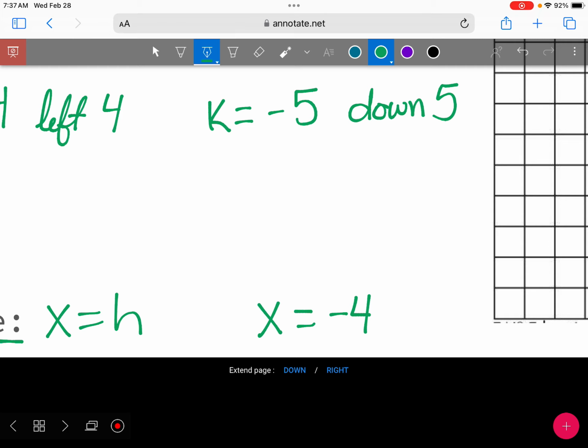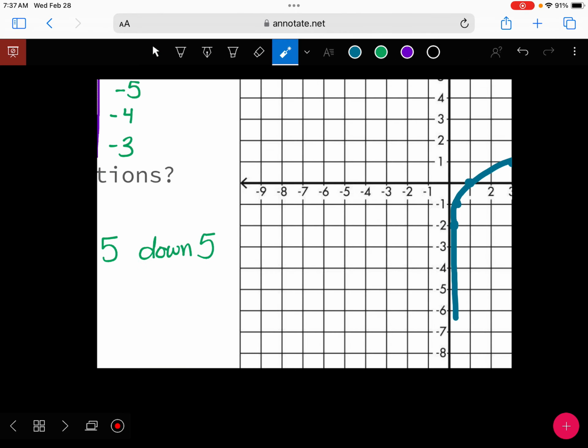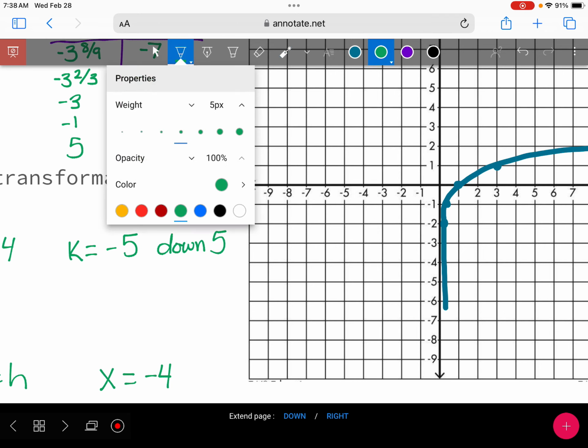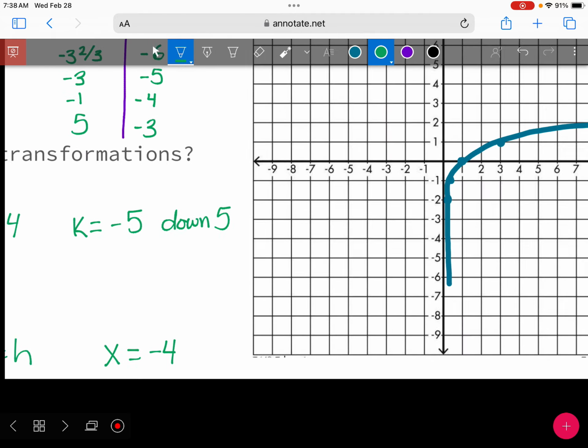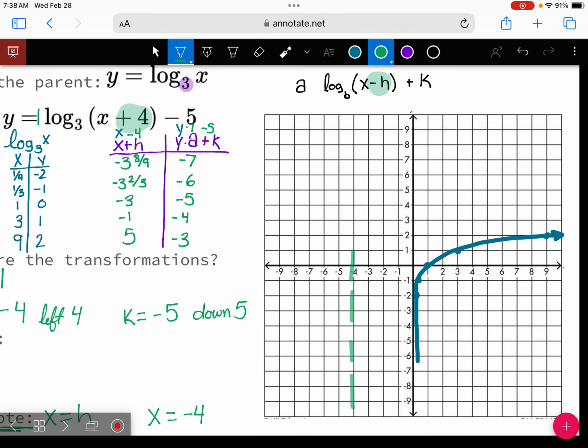My x plus h, I need to add that h into my parent table asymptote. So my asymptote is not going to be over here anymore. It's going to be way over here. So that's the next piece I'm going to draw. So my asymptote for a transformed function is way over here at negative 4.